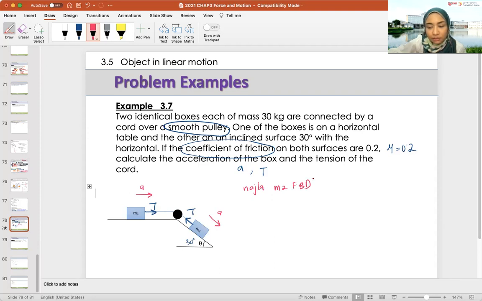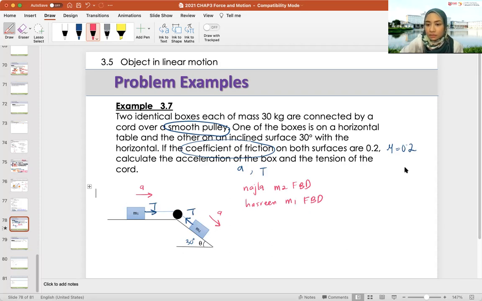So Najla, can you please do free body diagram mass number 2? Najla ada tak? Ada doktor, sorry tadi disconnect. Okay, tak apa. Okay, and then Hasrin, do mass 1 free body diagram.